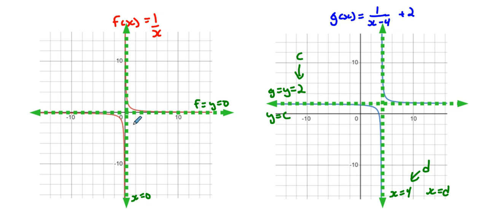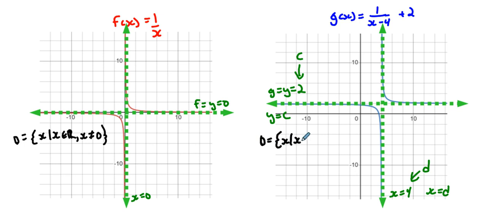The last piece I'd like to add here as practice is a little bit of domain and range work. The domain is the set of x values such that x is an element of the real numbers, and the restriction on x was that x could not equal 0, and that would make the value of the function undefined because x would be 0 in the denominator. On the other graph here, g of x, we have a different restriction.